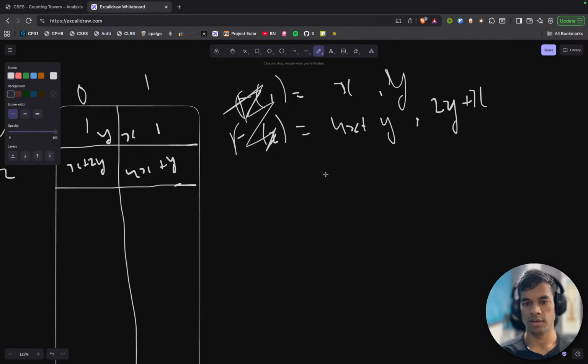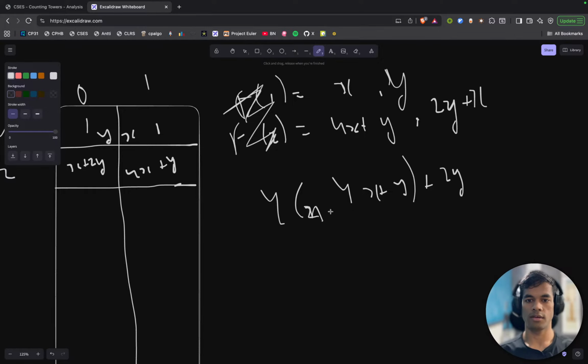And then for the next one, next x will be equal to 4 into 4x plus y plus 2y.